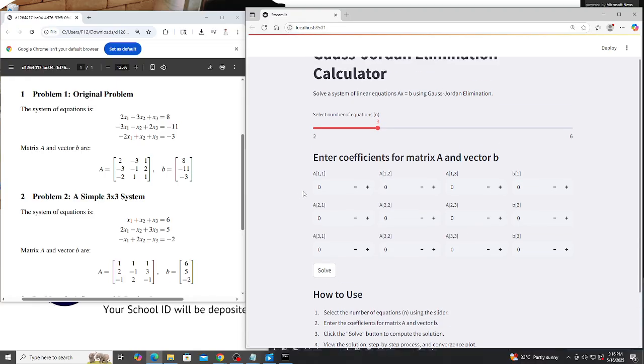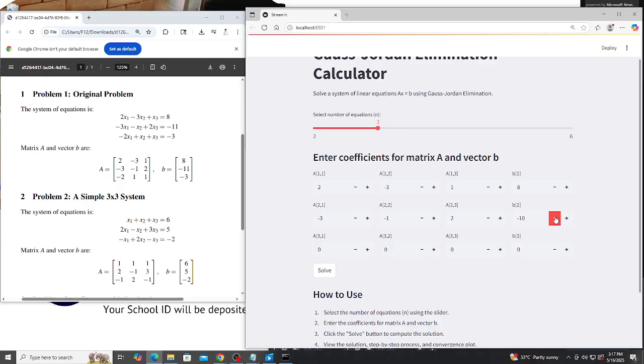Let's input the first row: 2, negative 3, positive 1, and positive 8. Next is negative 3, negative 1, and positive 2 and negative 11.